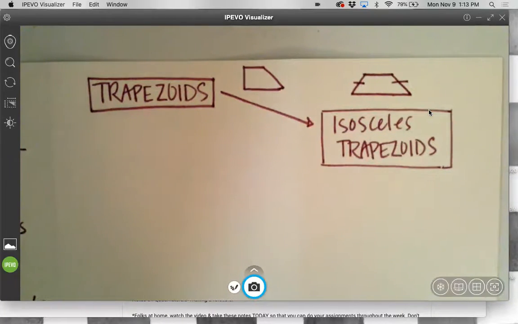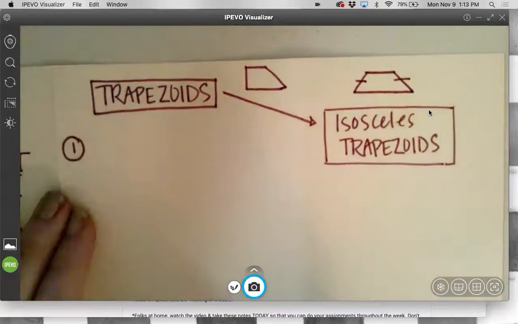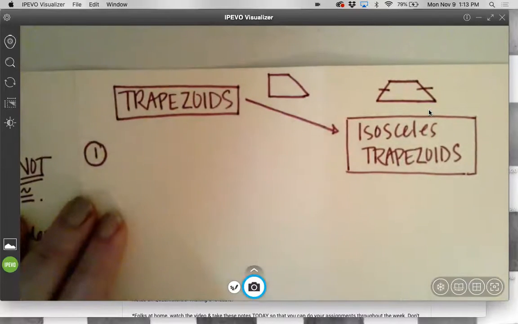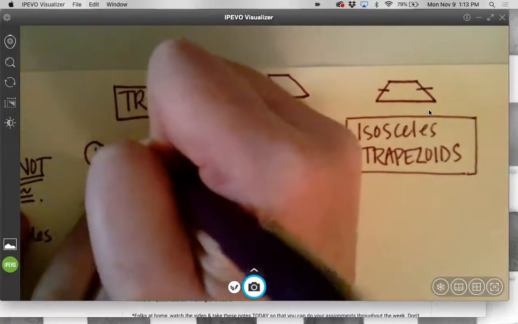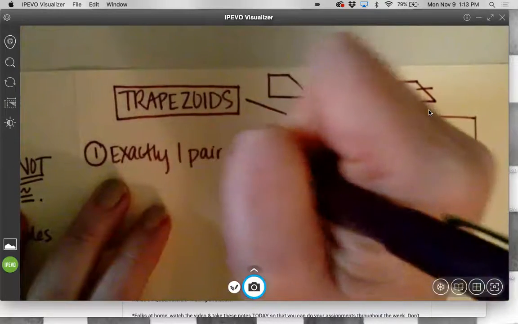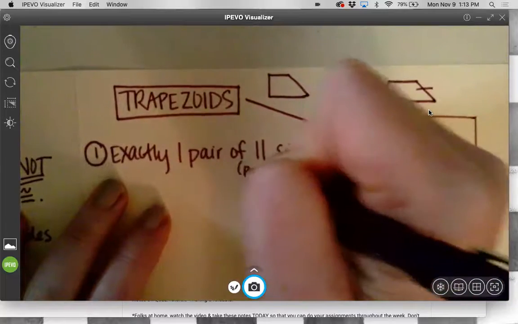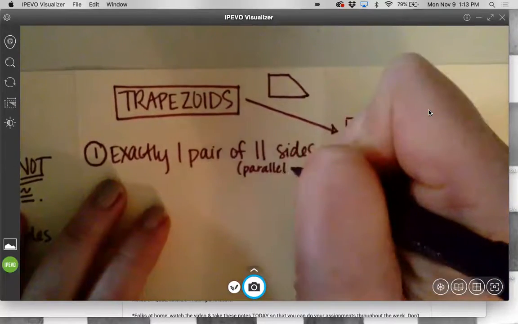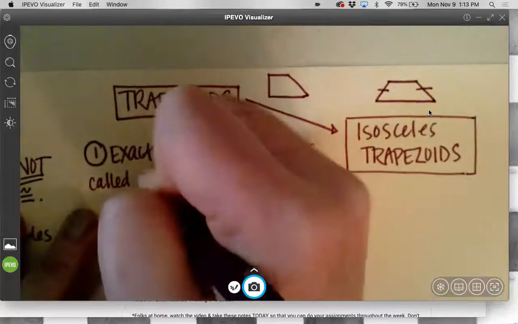The only thing that has to happen with trapezoids, for it to be a trapezoid, as far as the lines and how they connect, is that there has to be exactly 1 pair of parallel sides, and we're going to put the word under there too, called bases.